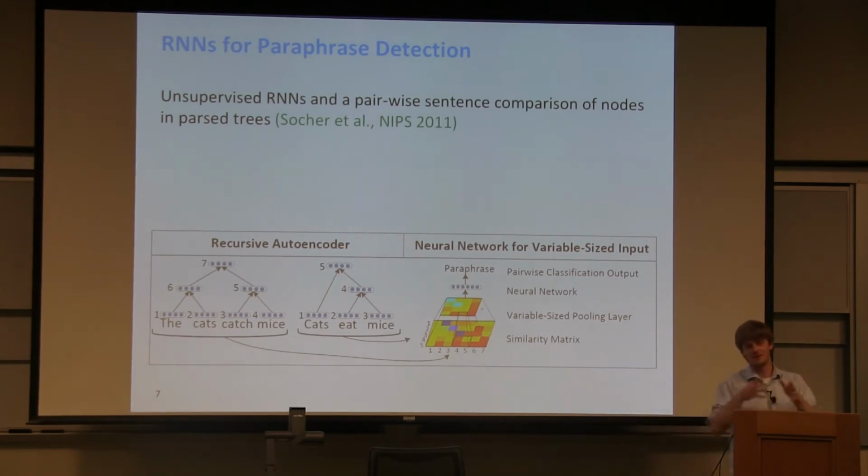So if you have, for instance, a 20 by 20 and you want to get 4 by 4 outputs, you have a different size for the pooling regions than if you had a 30 by 30 matrix and you still want to get a 4 by 4 matrix out. Your pooling regions get larger as the sentences get longer.